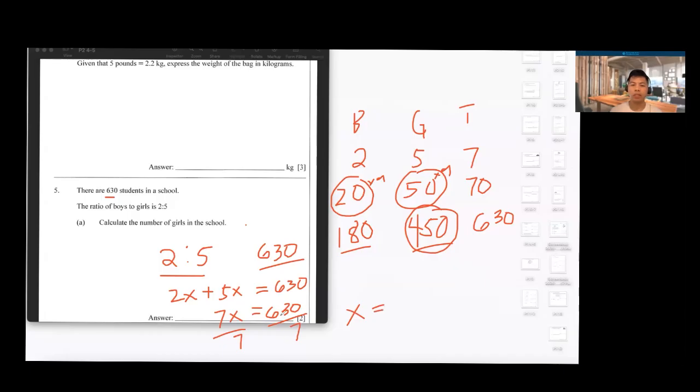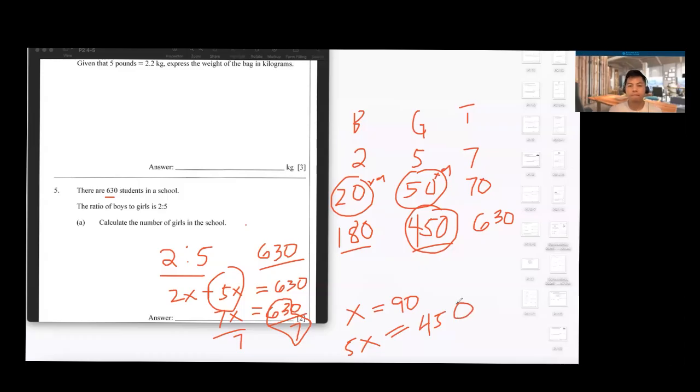So what is 630 divided by 7? I will just do 63 divided by 7. That's 9. Then I would put the 0. So that's 90. So therefore, the number of girls will be 5x, which is 5 times 90, will be 450.